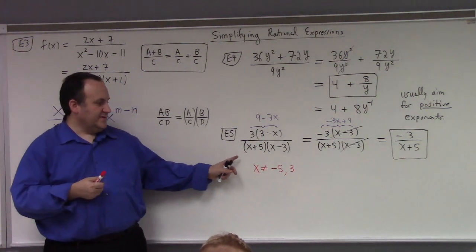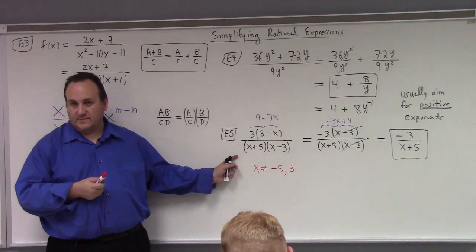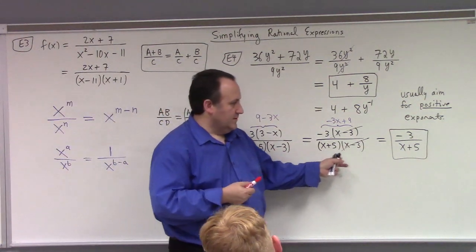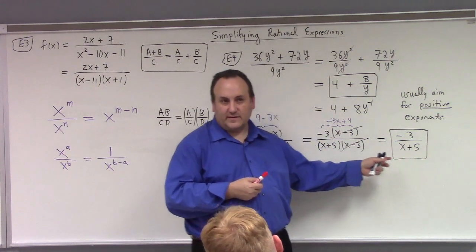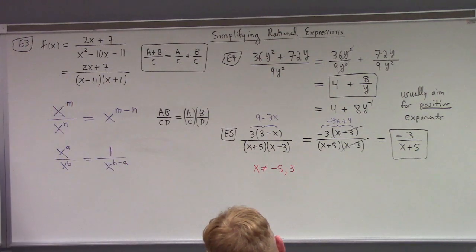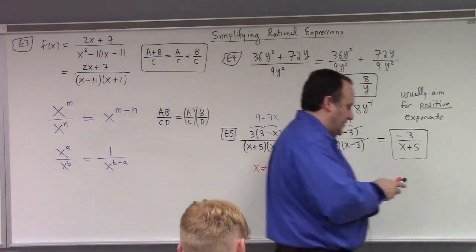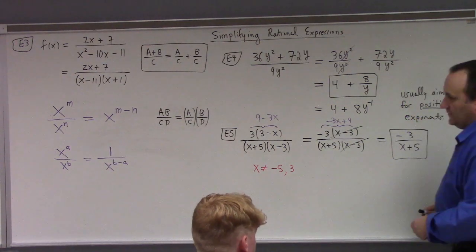The domain of what we started with does not include minus 5 and 3, right? But by making this simplification, we have an expression which just has trouble at minus 5 but not at 3. So simplification steps for rational expressions can change the domain. It's just something to watch out for. That's not a bad thing, it's just how it is. But it is one of the things we have to think about as we go on. It'll become more of an issue when we get to graphing. Let's go on.